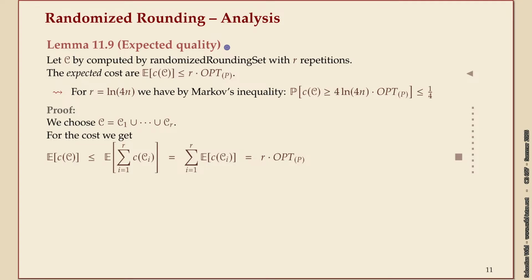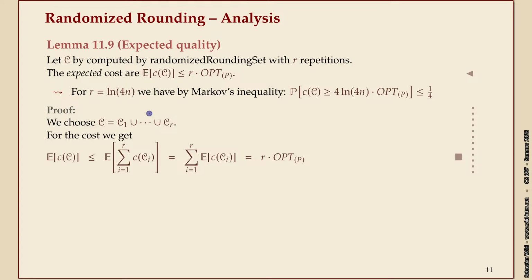Our algorithm picks the final solution as the union of R repeatedly chosen things. These are all identically distributed and independent. The cost of the final result is at most the sum of the cost of all those elements summed up.